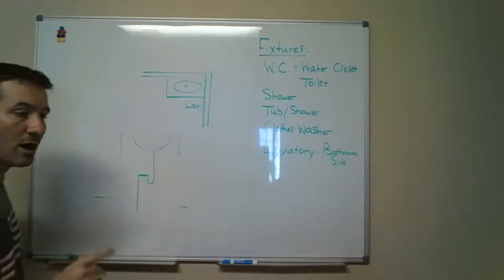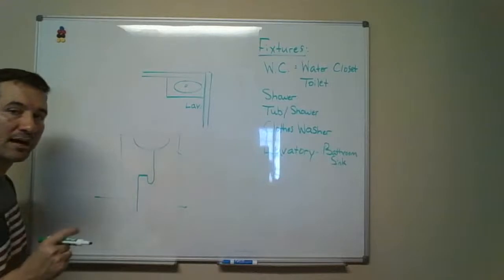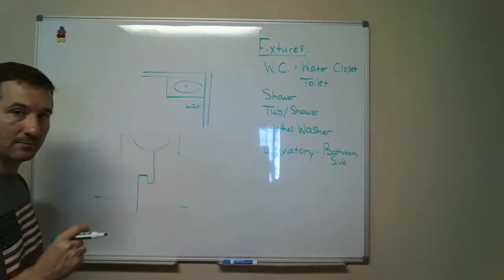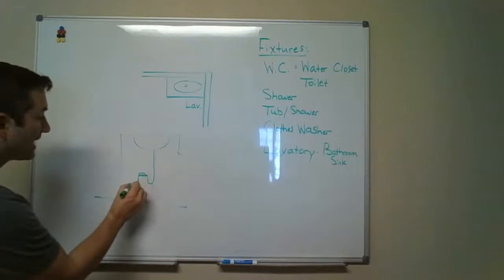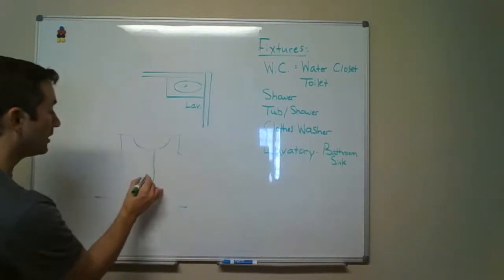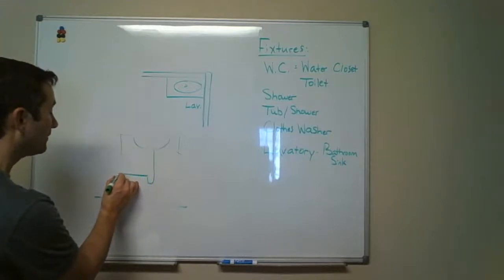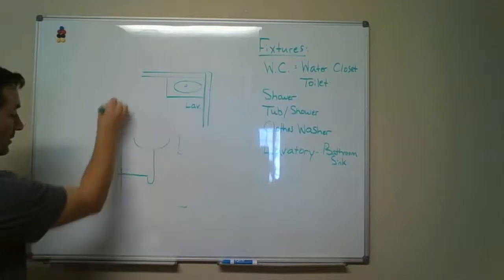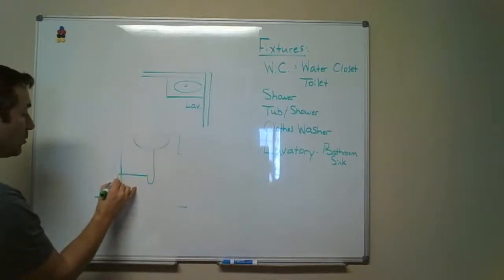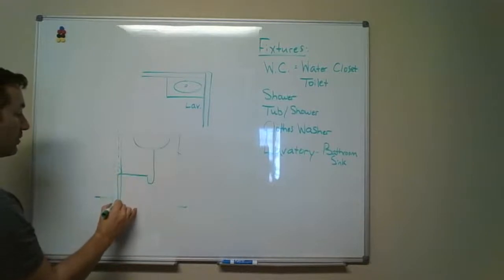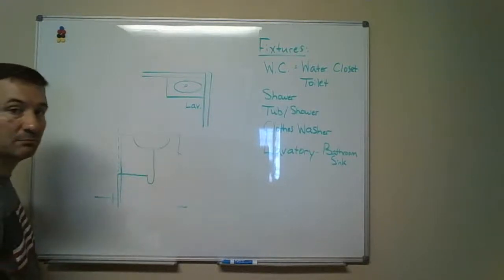You cannot drop more than the diameter of the pipe before you put a vent on it. So in order to turn back down, I've got to go up with a vent. So we're going to send it back to the wall so that we can hide the vent in the wall. When we go down with the drain, we'll go up with a vent to make sure that we're meeting all the plumbing rules that we need to meet.